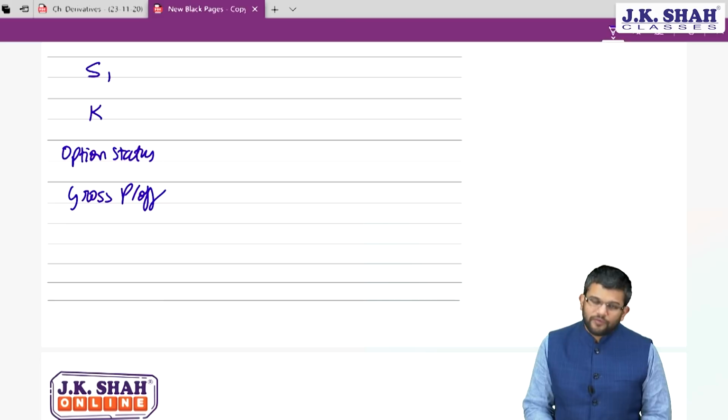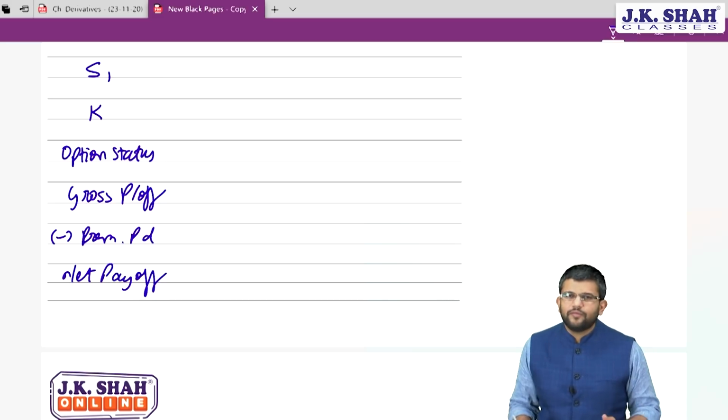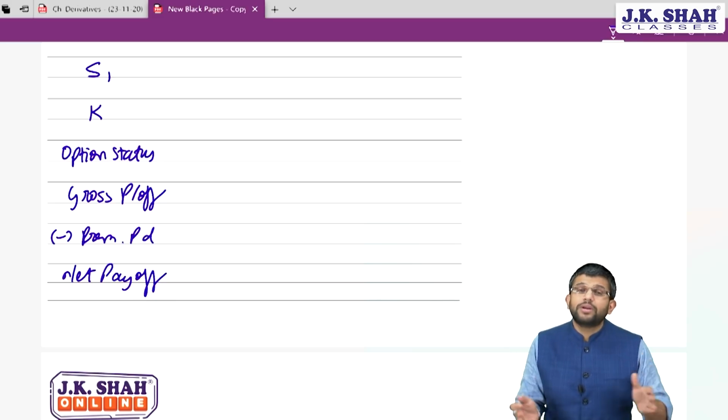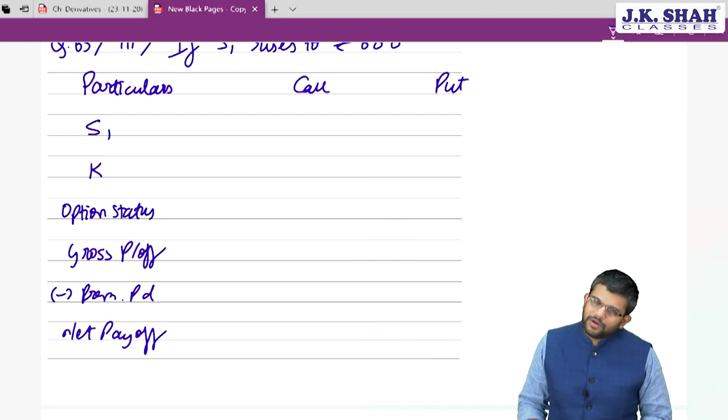Correct, children? From gross payoff, can I say we subtract the premium paid and then we get the net payoff. Everybody following? And then of course the total net payoff will multiply by 100 shares to find out the total net payoff. Of course, this particular table will be done on a per share basis.